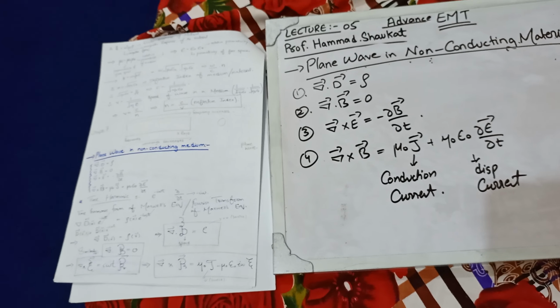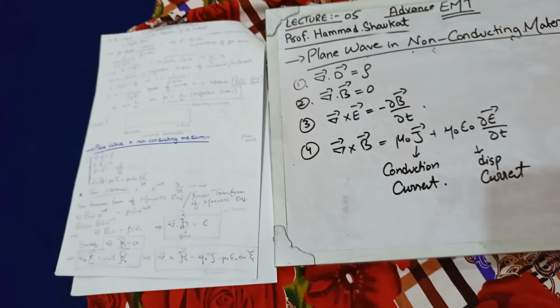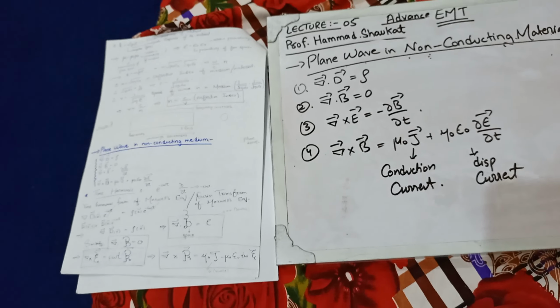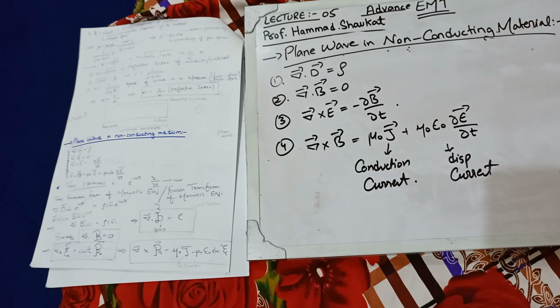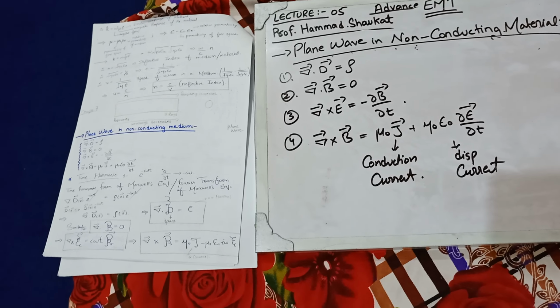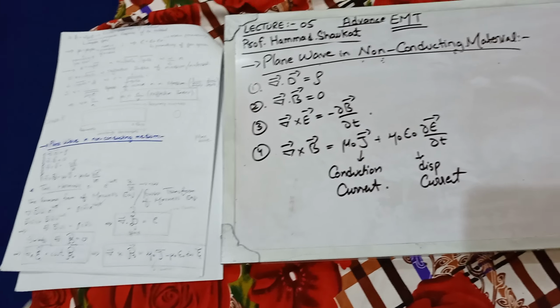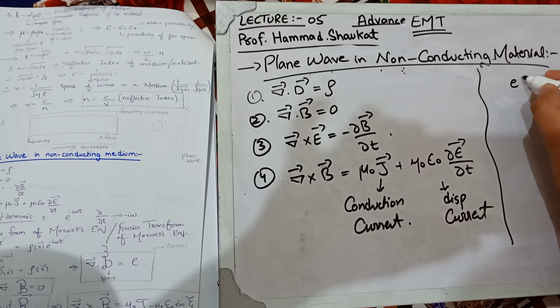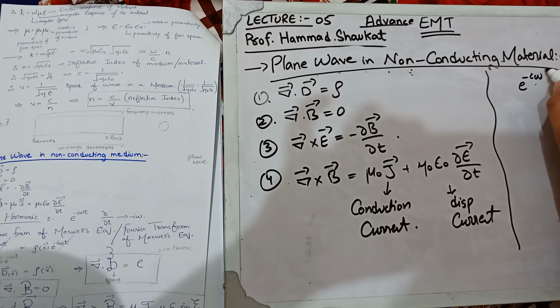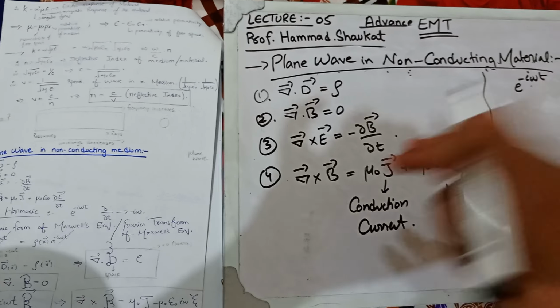We already did this in our previous lecture, so we are starting our topic, plane waves in non-conducting material, from these equations. We also know that in the case of time harmonic fields, we consider the wave function equal to e to the power minus i omega t, as we did in our previous example.